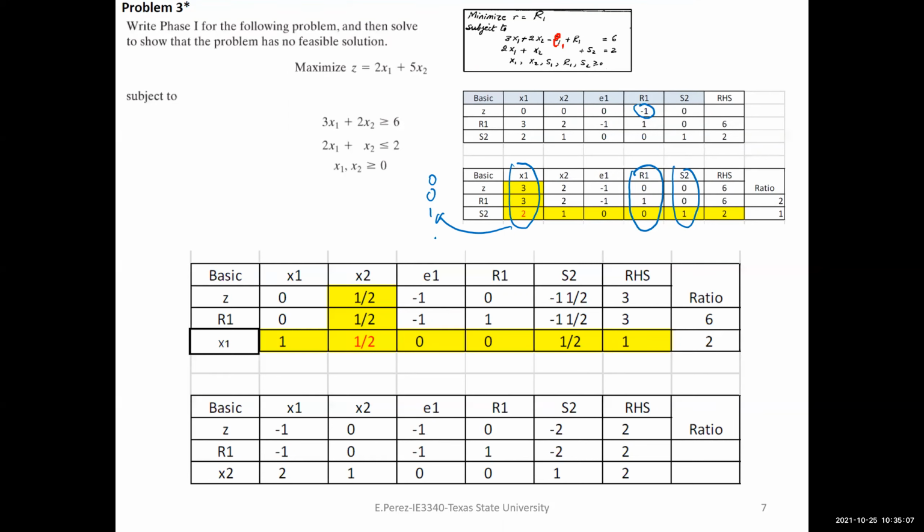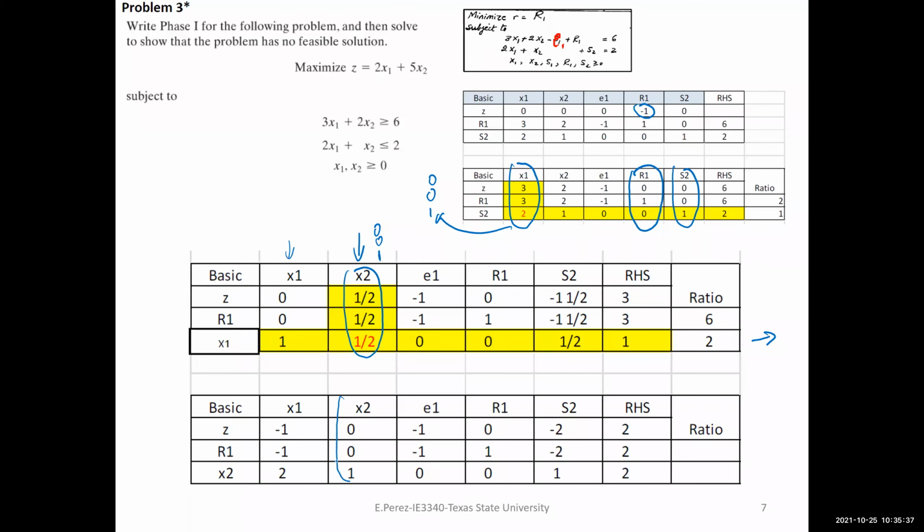After performing that iteration, this is the resulting tableau. We still have a positive coefficient, so X2 is going to enter. We perform the minimum ratio test, and the ratio is telling us that X1 should leave. So X2 has to be made 0, 0, 1, because it's replacing X1.